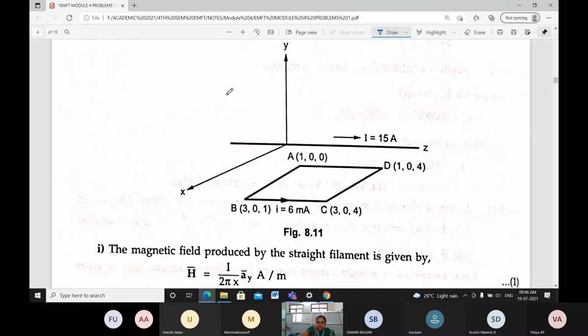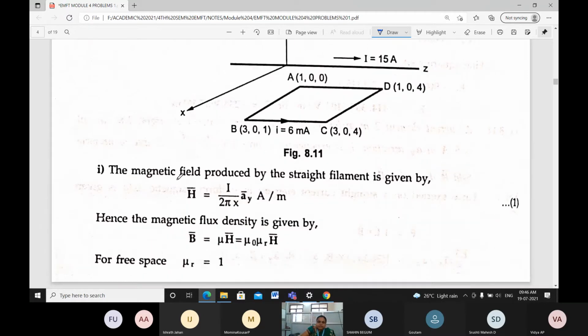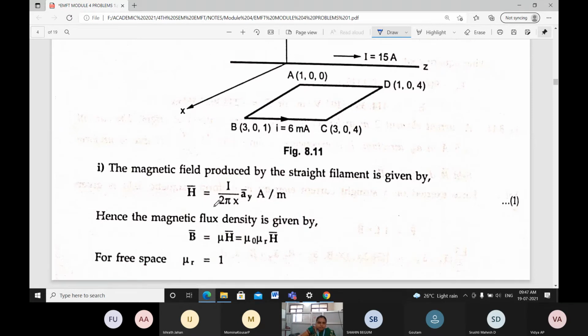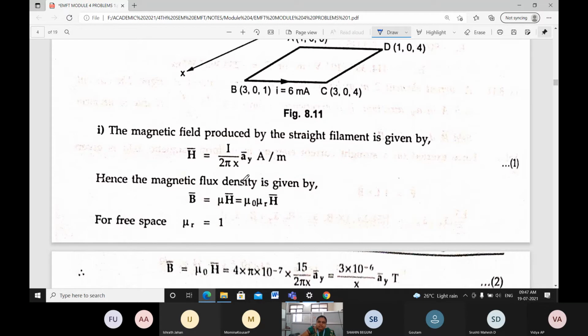First, the magnetic field produced by the straight filament, we know the equation: H is going to be I divided by 2 pi x into AY, amperes per meter.